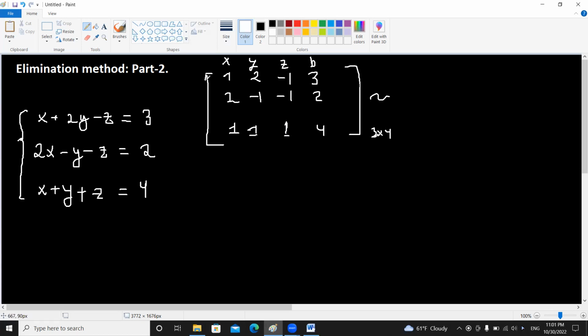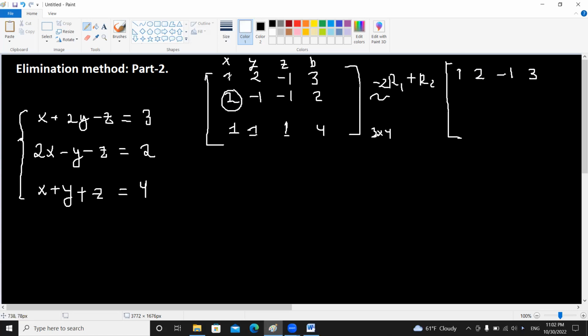So let's use them. If you remember, we mentioned that under 1 we have 2 zeros in echelon form. So first of all, our first purpose is to get 0 here. So we multiply the first row by -2 and add to row 2. So what we get, let's calculate. First row we don't touch, 1, 2, -1, 3.